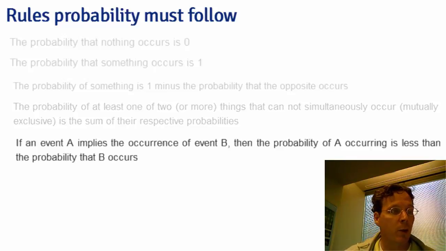Another consequence of our probability calculus is if the event A implies the occurrence of the event B, then the probability of A occurring is less than the probability that B occurs. And this is kind of a tongue twister to say, and it seems a little bit conceptually hard. However, if we draw a Venn diagram, it becomes very simple.